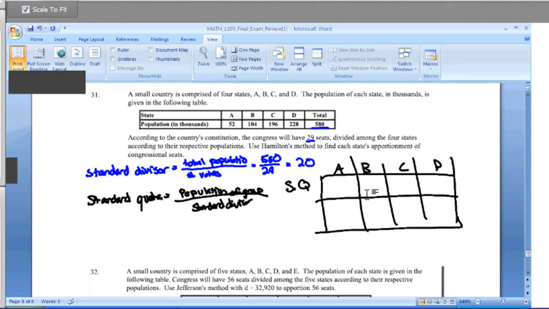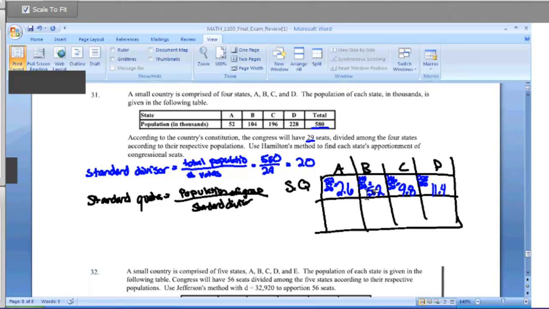So for A, we're taking 52 divided by 20. That's going to give us 2.6. For B, we take 104 divided by 20, and that gives us 5.2. For C, we're going to take the 196 divided by 20, and that's going to give us 9.8. And for D, the 228 divided by 20, that gives us 11.4.